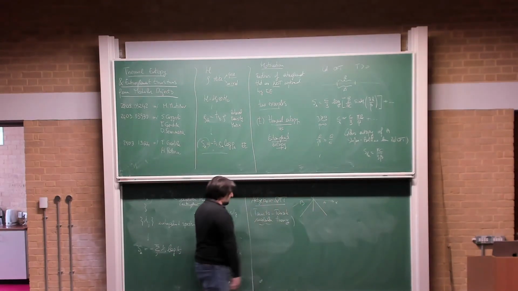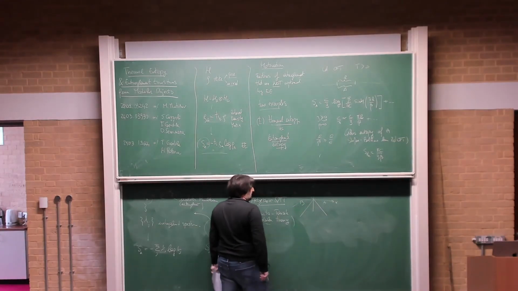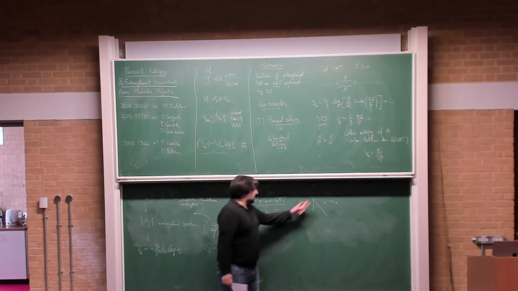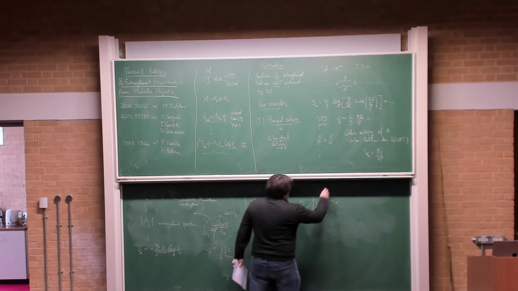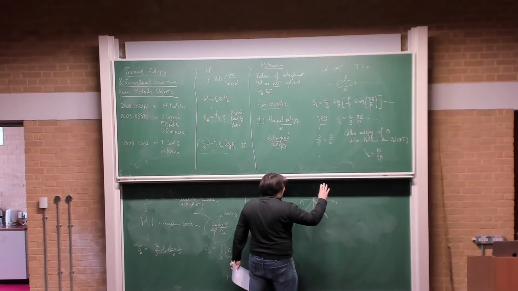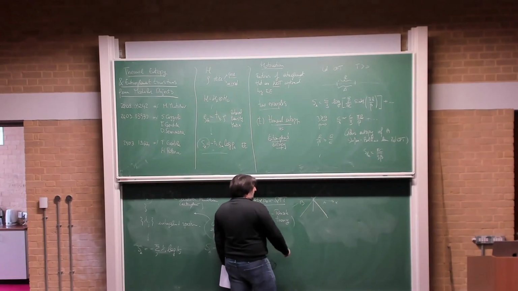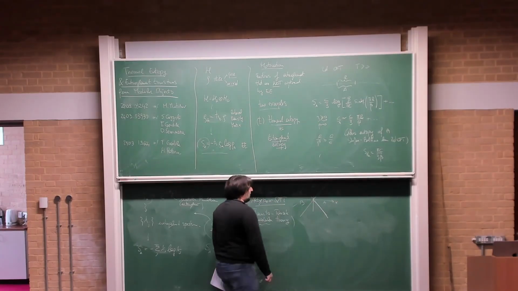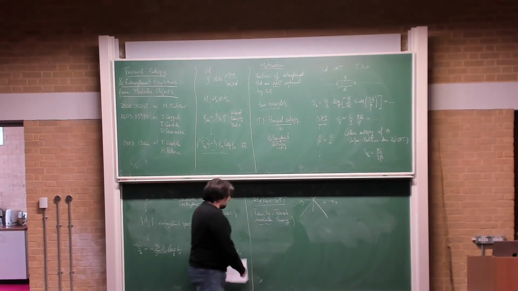In algebraic QFT, it's important to have causality, like in any QFT, and things at space-like distance commute. So you focus on the algebra of the observables here, called A, and the commutant A prime is the observables here.